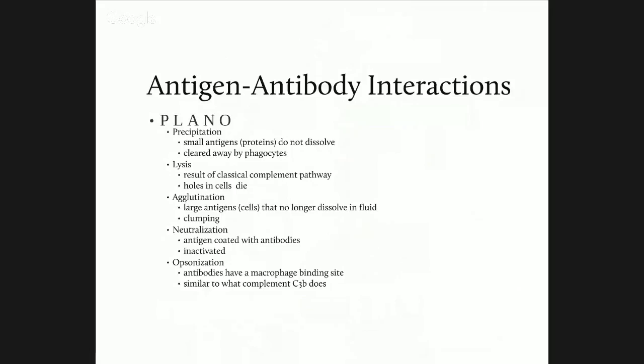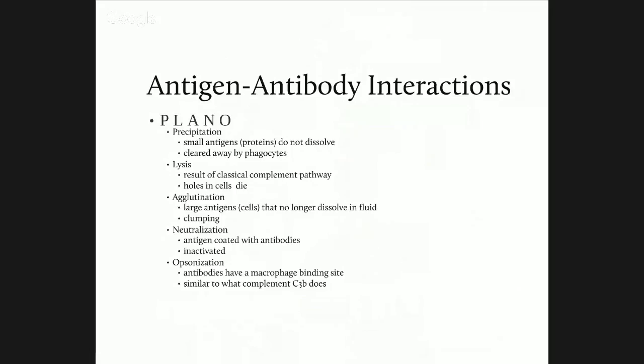Small antigens are probably dissolved in your bodily fluids, and as they cluster together into bigger and bigger groups, they become less likely to dissolve into the fluid, and they precipitate out. Then they can be cleared away by phagocytes because the antibodies attached to them are opsonizing the antigen also.